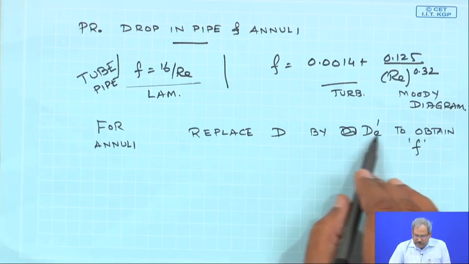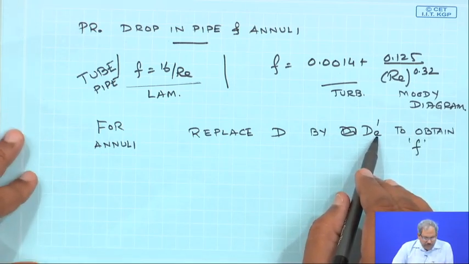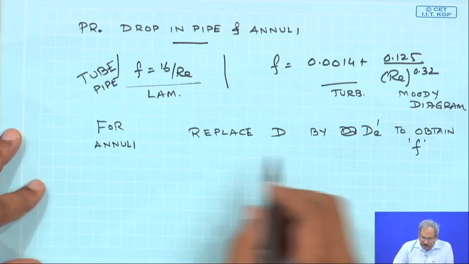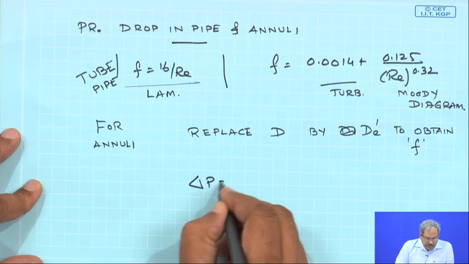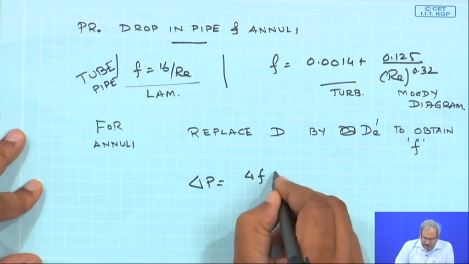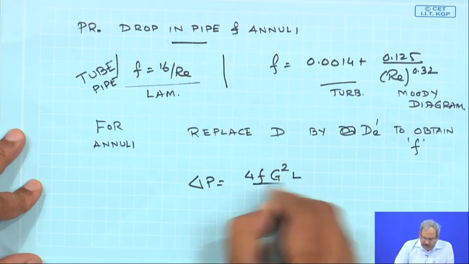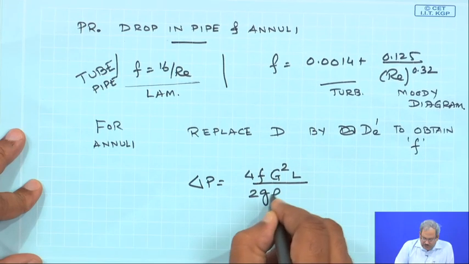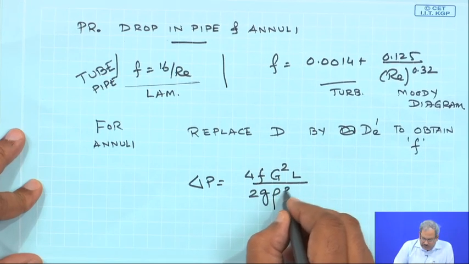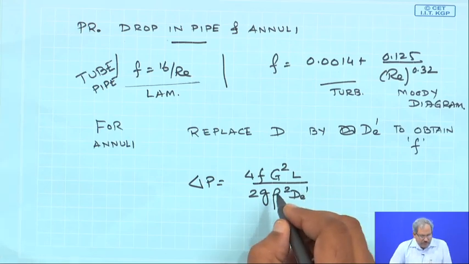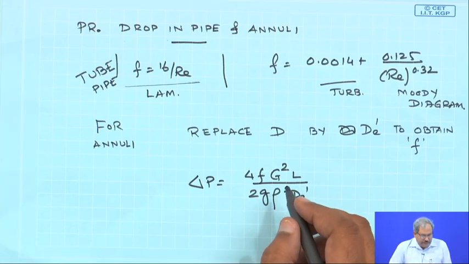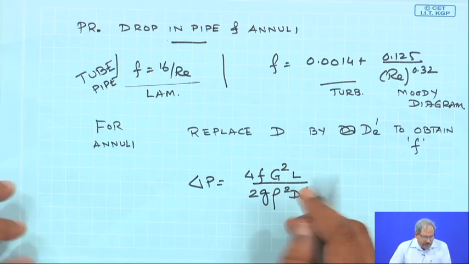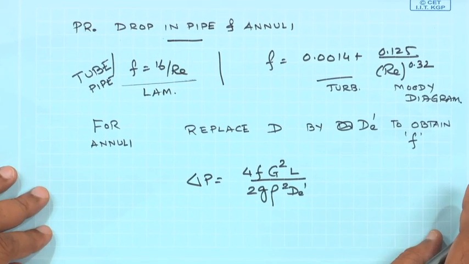So, this is the hydraulic or equivalent diameter that we have obtained, and delta P would simply be equal to 4 f G squared L by 2 g rho squared d e prime, where G is simply the mass velocity.